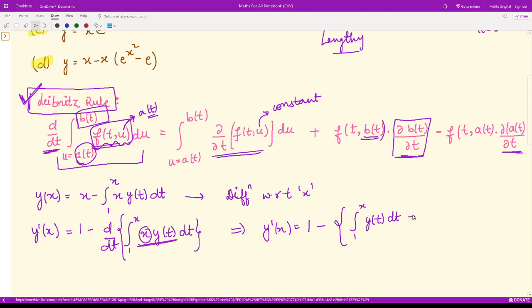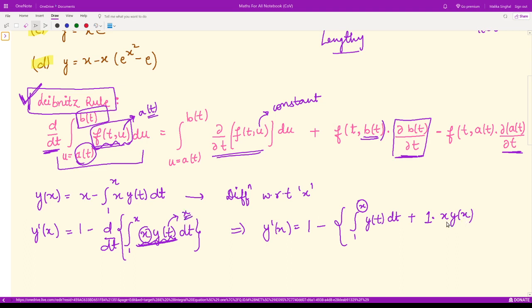Then we'll have plus the partial derivative of the upper limit with respect to x, that would be 1. So 1 multiplied by this f of x and t, so that would give me x into y of x, because now I have to replace this t with the upper limit, that is x.